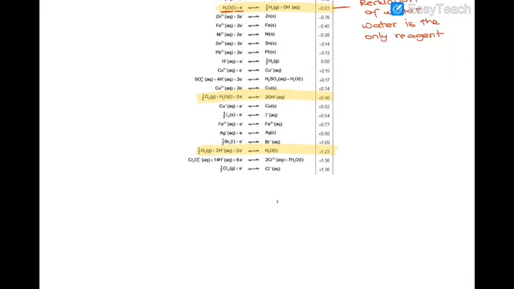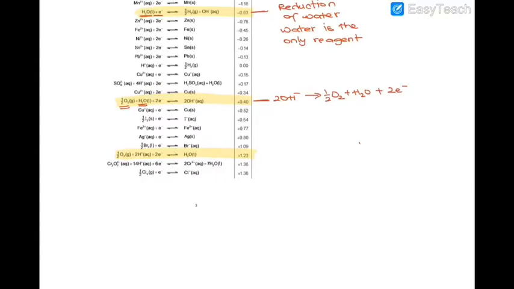If we look at this one, you see there's H2O, then there's OH minus, and there's O2. If we look at the reverse equation, it's actually 2OH minus being converted to oxygen and water. This is the oxidation of OH minus. So here OH minus is the reagent, so this is what is going to be oxidized.